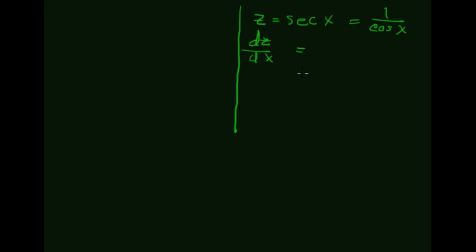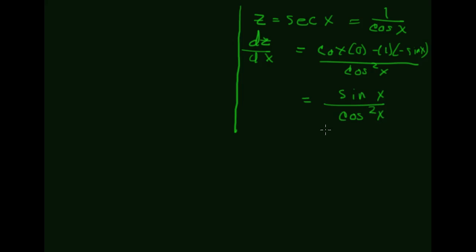So I just applied the quotient rule here, low d high minus high d low over low squared, which yields sine of x over cosine squared of x.